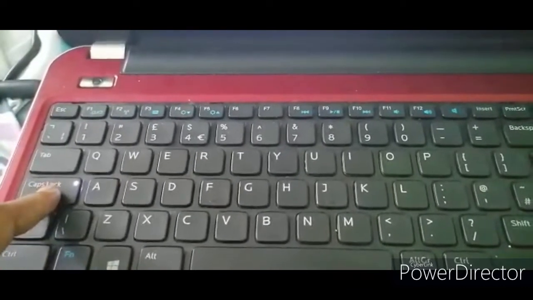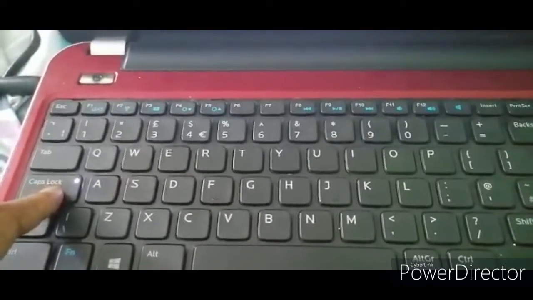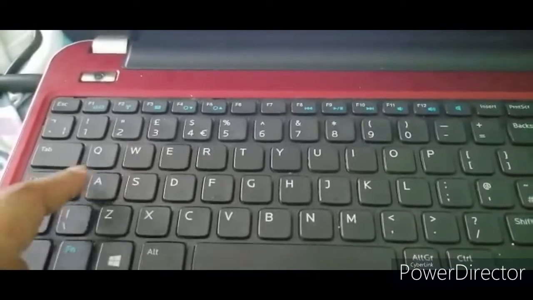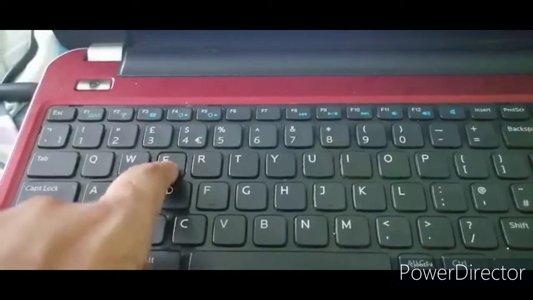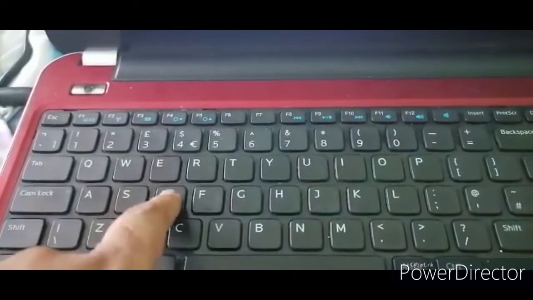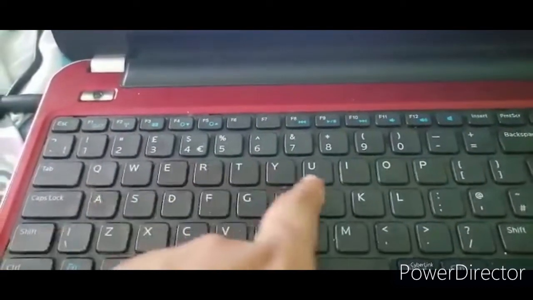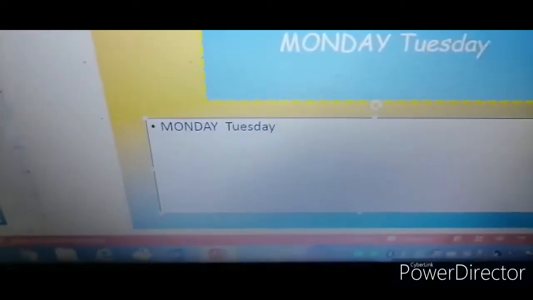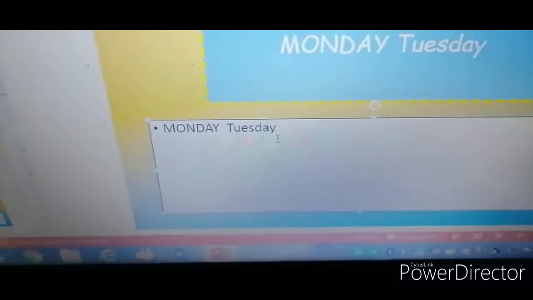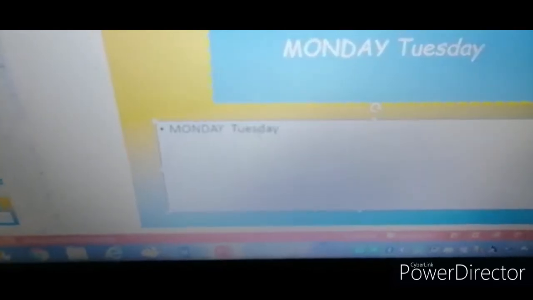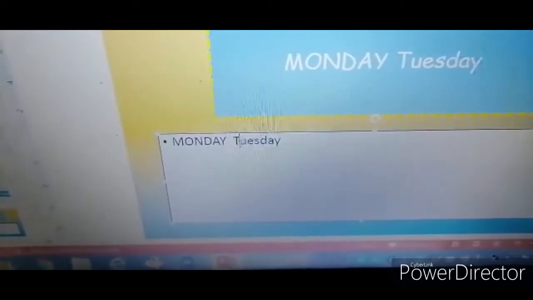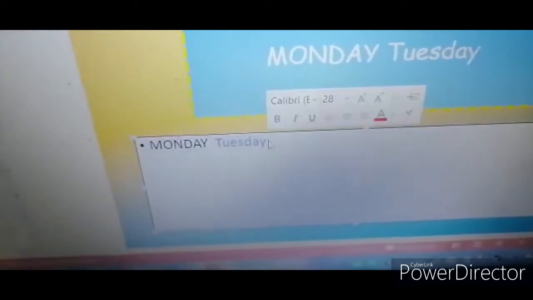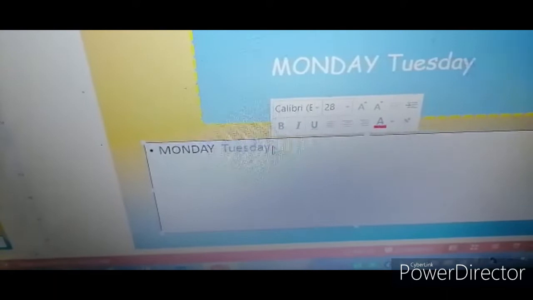Therefore, I switch off the caps lock. U, E S D A Y. After that, I have switched off the caps lock. We obtain lowercase letters.